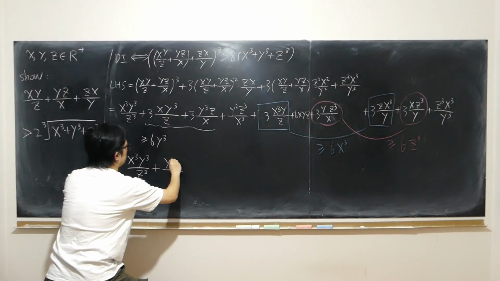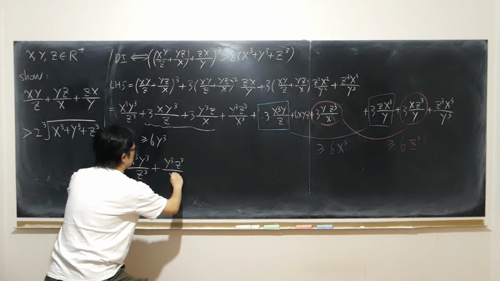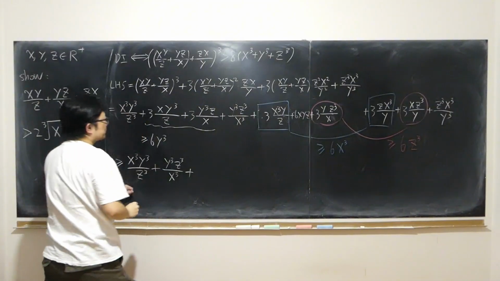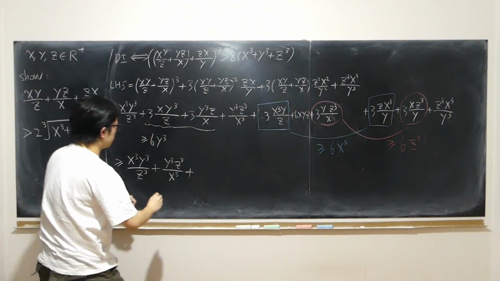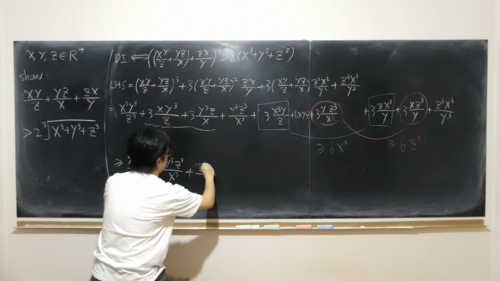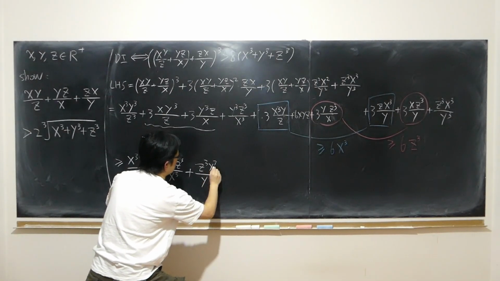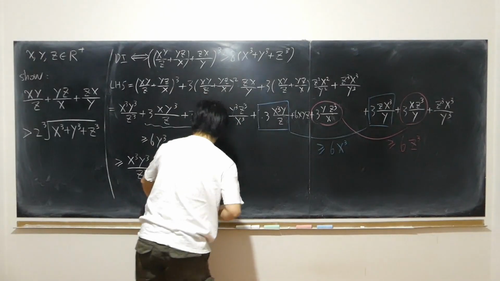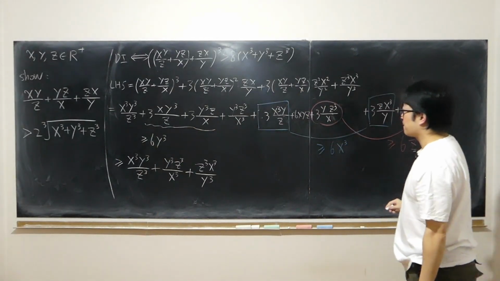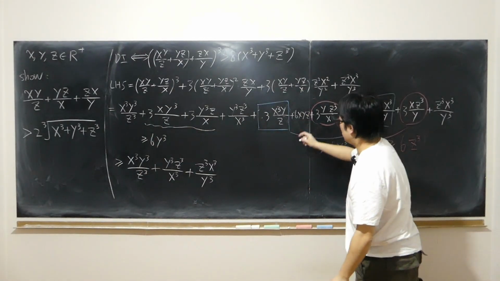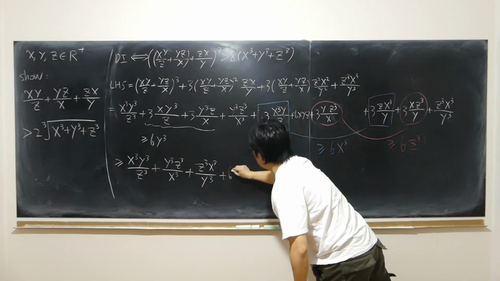So y cubed, z cubed, x cubed, and that term over there, so z cubed, x cubed, y cubed. Copy down this term, 6xyz.